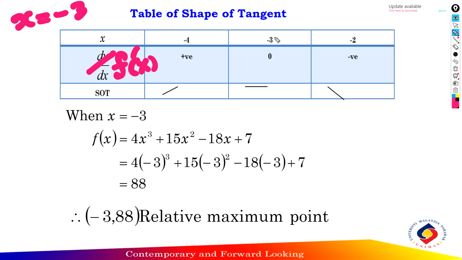Negative 3, you substitute into f prime of x, it equals 0, and then you draw the horizontal line. The third value, negative 2, the first derivative is negative, and you draw the shape of tangent decreasing. Yeah, and you combine from the left: increase, horizontal, and decrease, so this stationary point is the relative maximum point.